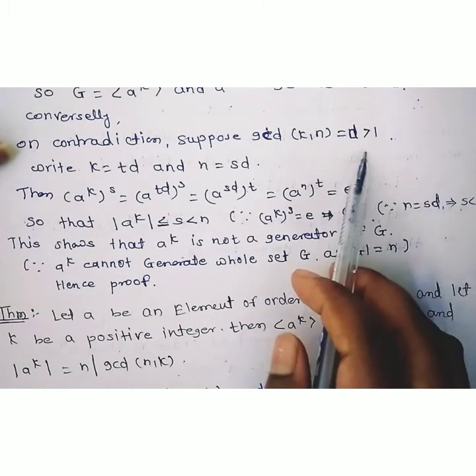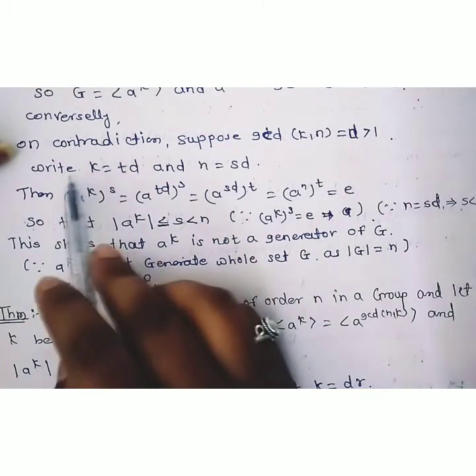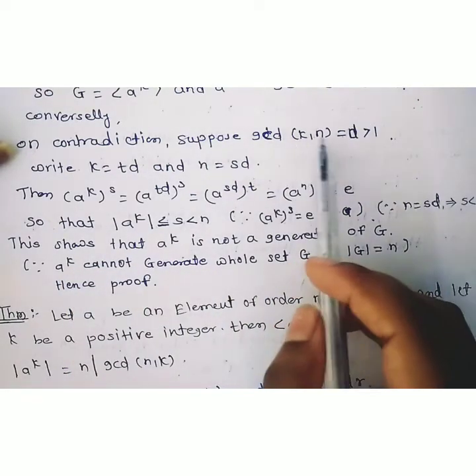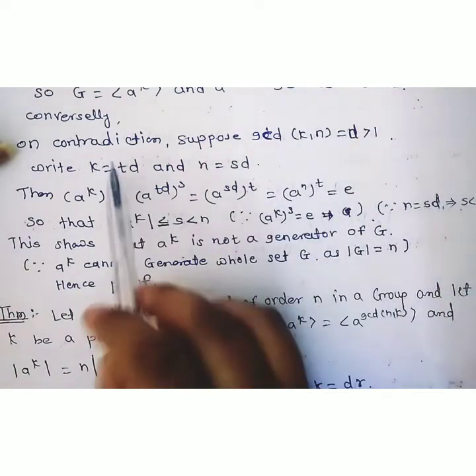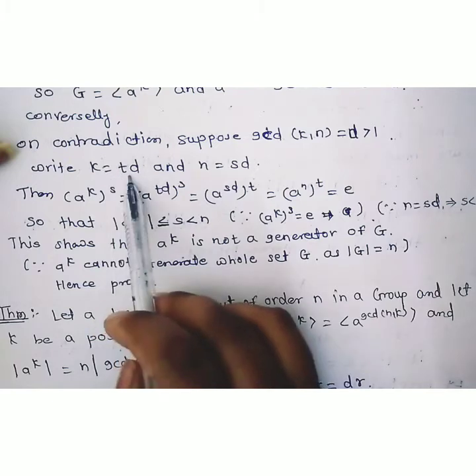Now this implies we can write, as GCD of k with n is equal to d, therefore k can be written as k is equal to t into d. How can it be written in that form?